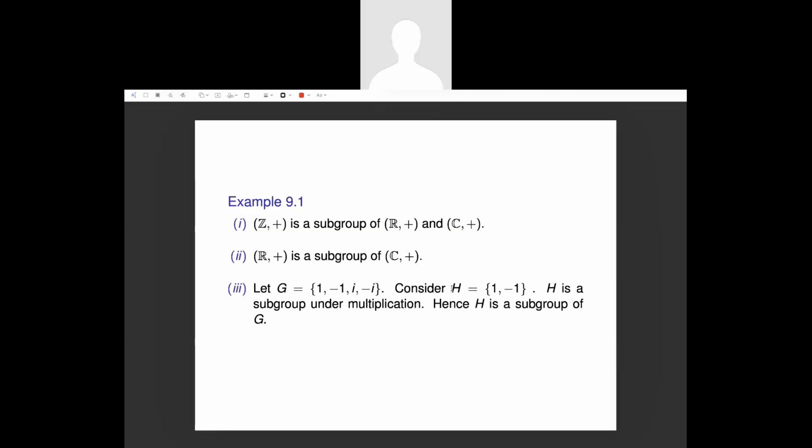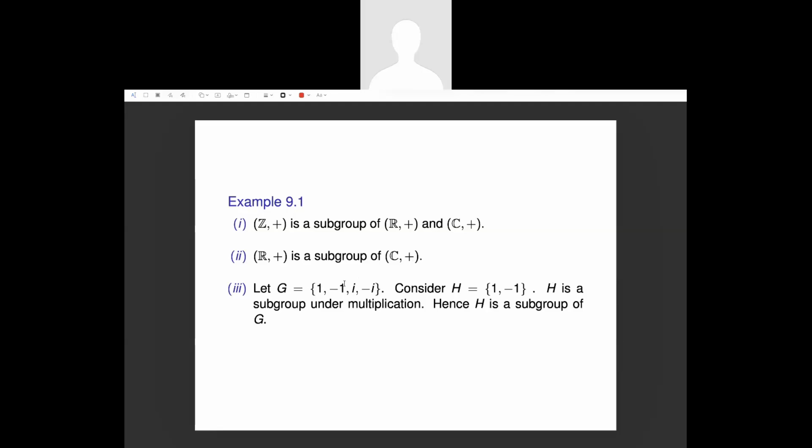Now if you remember, last time we showed by the Cayley table that G = {1, -1, i, -i} forms a group under multiplication.